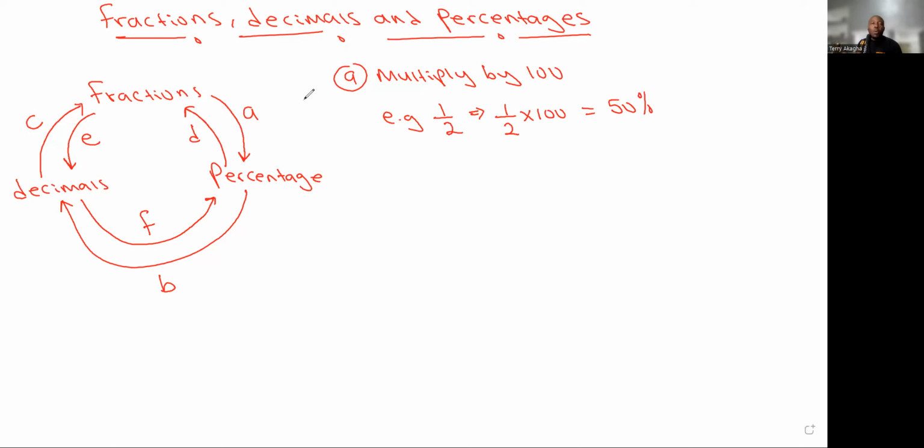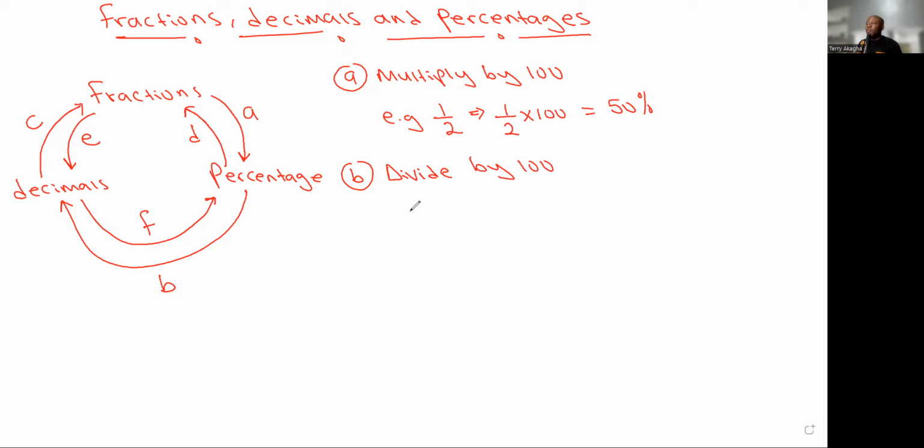So how do you convert fractions to percentage? You just multiply by 100. Now, how do you convert percentage to decimals? Instead of multiplying by 100, here you divide by 100. So from percentage to decimal, you divide by 100.